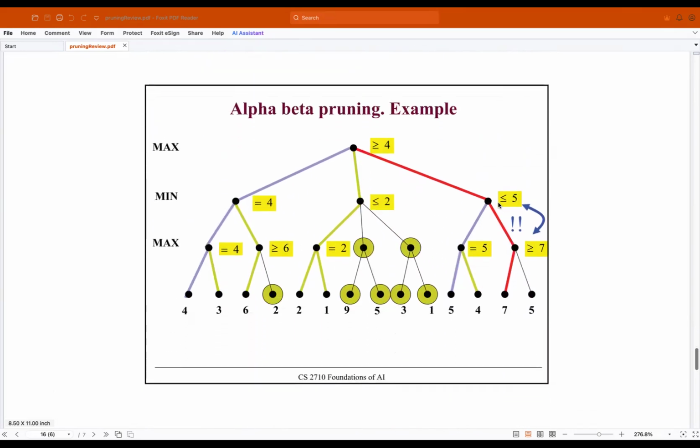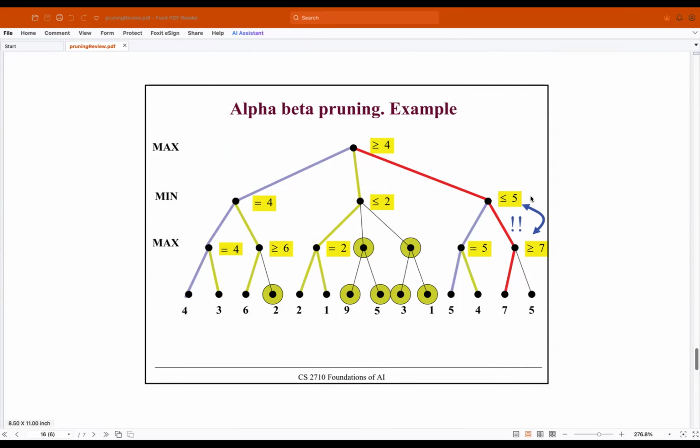Now, when we come here, we go this way. We now come here and we see a 7. A 7 is what we take up here. And again, we have an estimate, since we are saying, if we were to come this side, at the maximum level, we expect at least a 7. So we have this estimate, and immediately on top is the minimizing level.